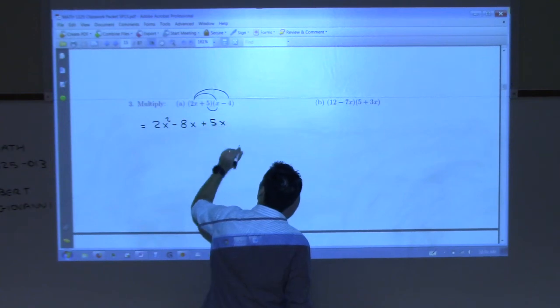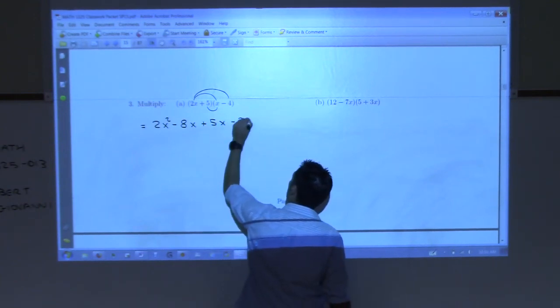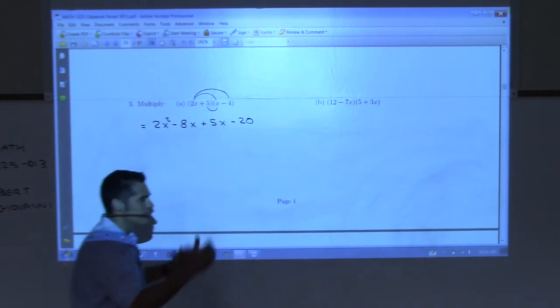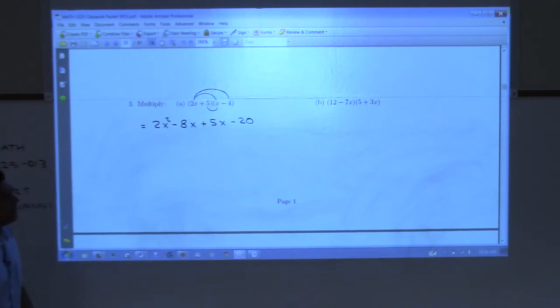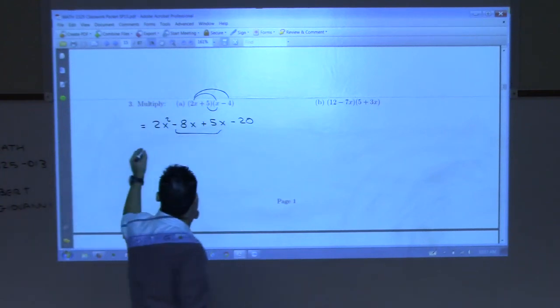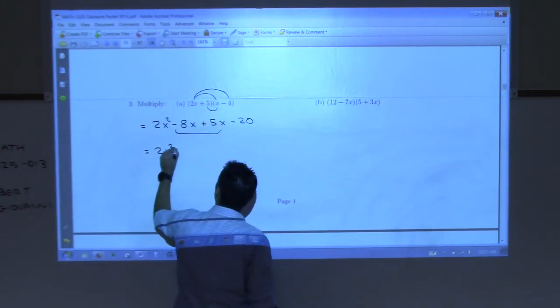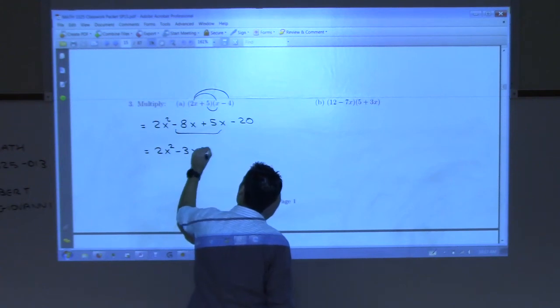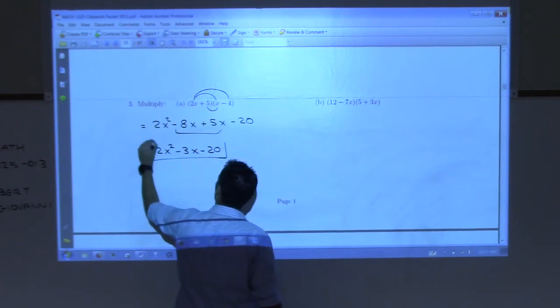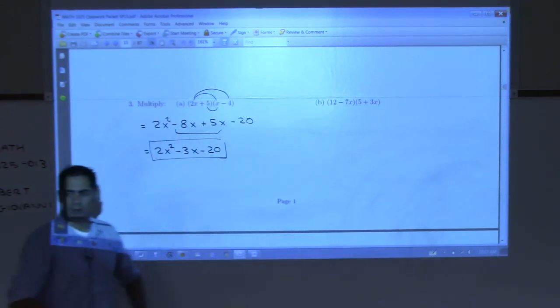And then the final term, negative 20. Okay, now one more step. Combine like terms. So you can put these two together. So you get 2x squared minus 3x minus 20, and we're done. We have multiplied the two together.